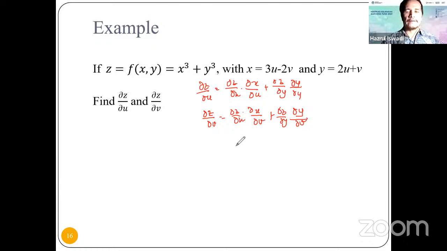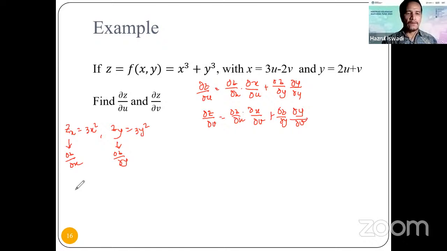This is the formula. So ∂z/∂x, or zx, is 3x², and ∂z/∂y is 3y².